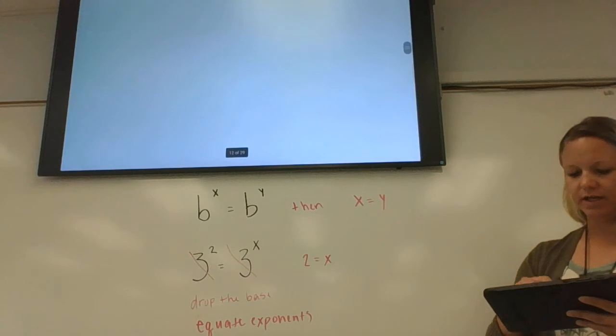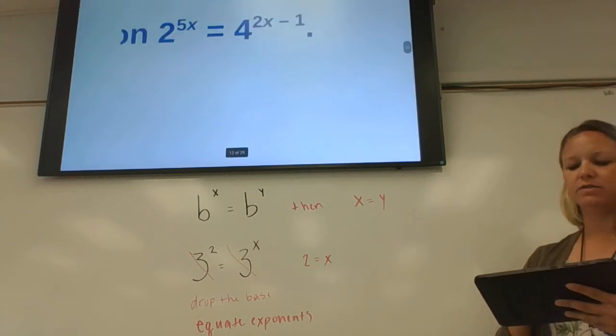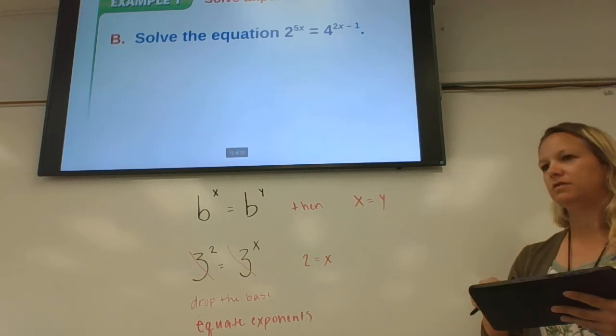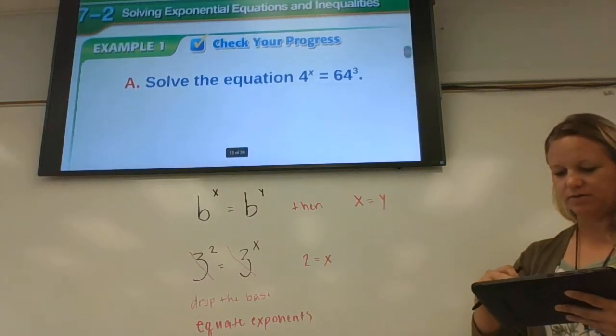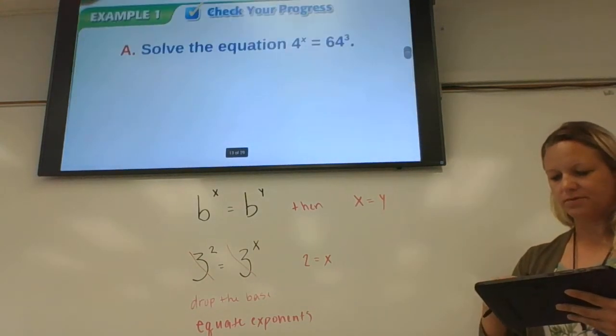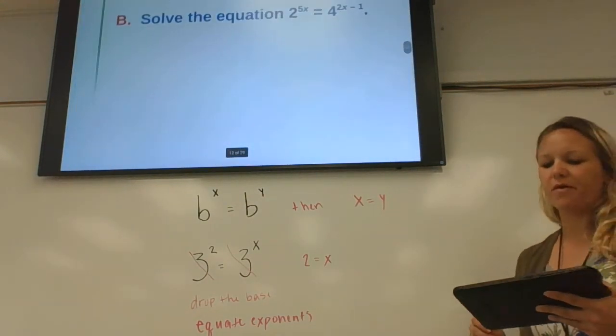Doesn't it look a little bit more like this one with the whole expression? Is this one hard enough? You want me to do a harder one? Let's do this one.